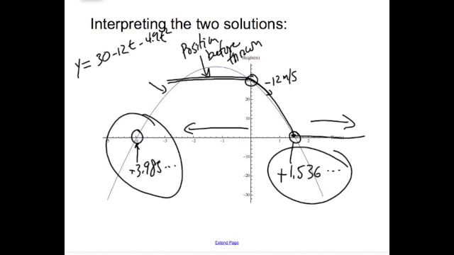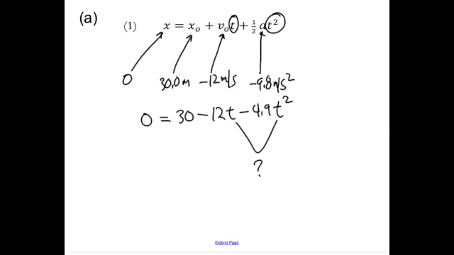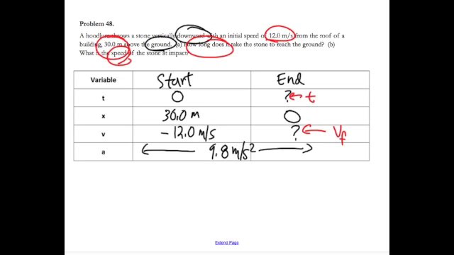Now we have to be careful because we have to watch out for our infamous sig figs. How many digits should we be citing? Well, let's go back and look at the problem and notice we are given 3 sig figs in the data we are given, 30.0 meters and 12.0 meters per second.